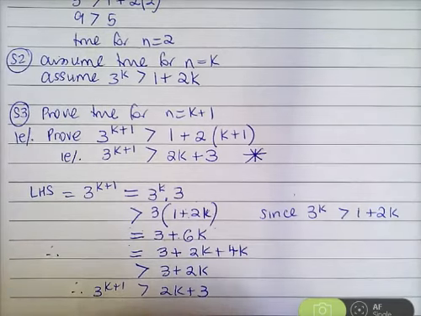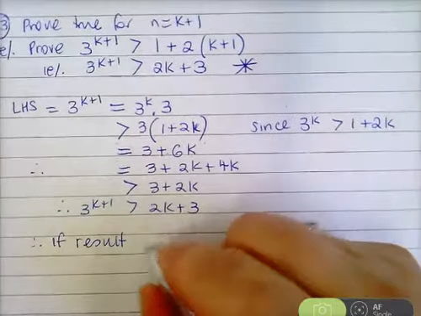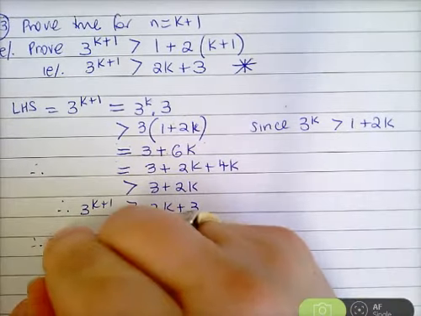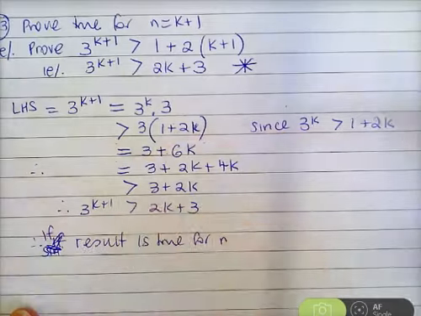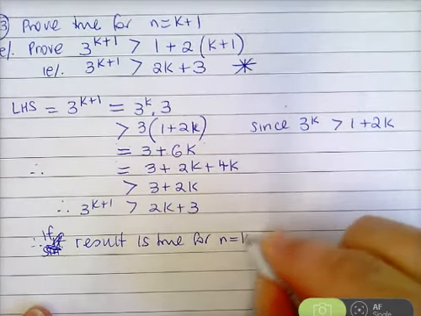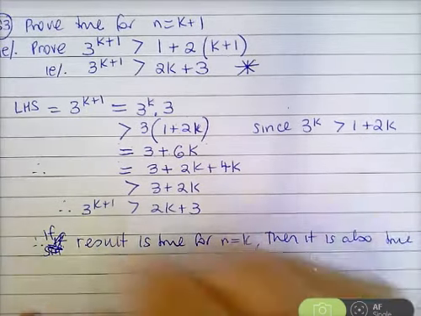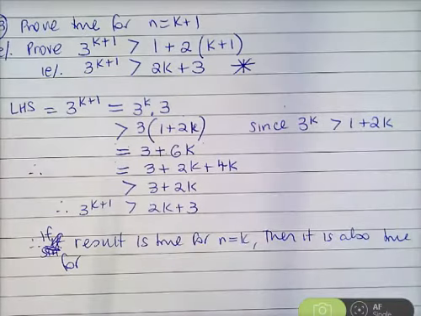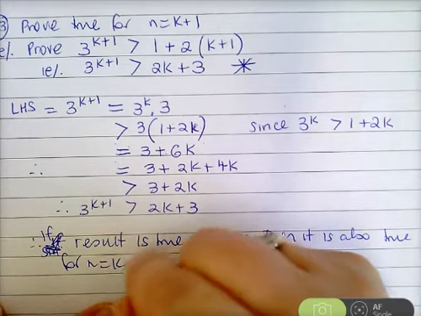So, therefore, if the result... We're going to do a few of these, girls. If the result is true for... No, if. If the result is true for n equals k, then it is also true. Because remember, your first conclusion is based on what you've just done. If the result's true for n equals k, then it's also true for n equals k plus 1.